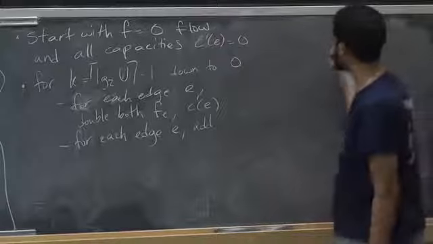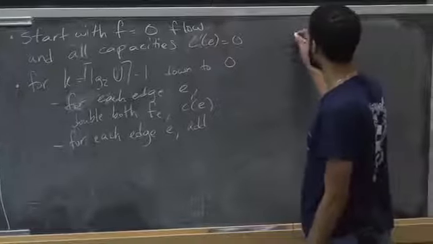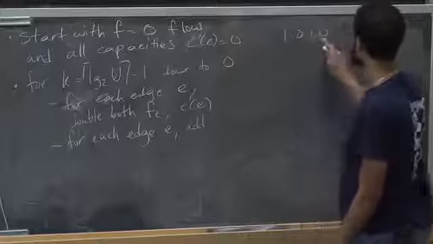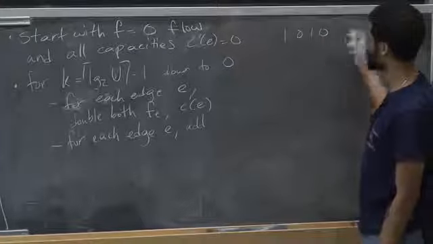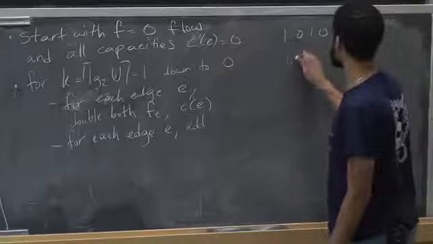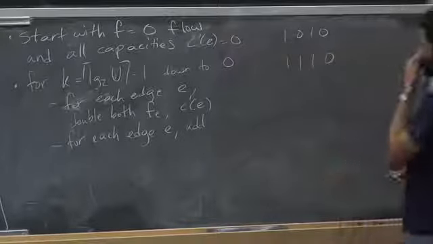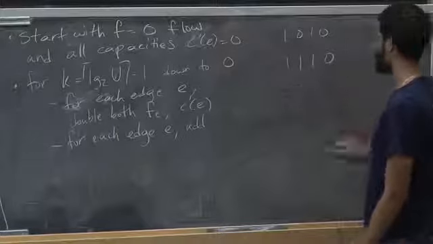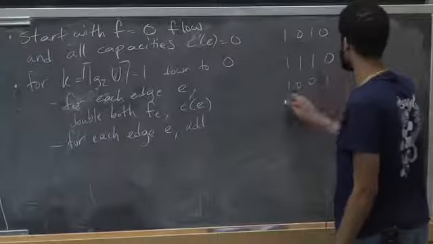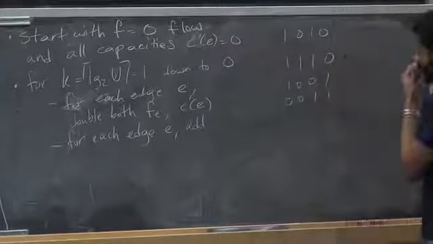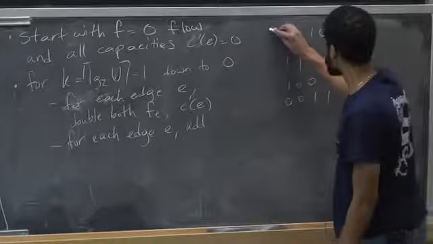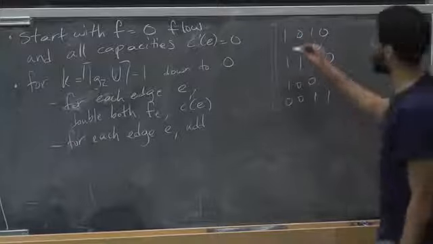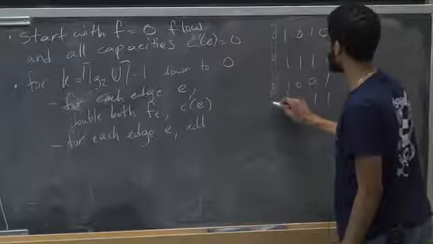So the edges have various capacities. How should I put this? So let's say the edge capacities, one has capacity that's 0, 1. That's 2 plus 4 is 6. This is like capacity 6. Another one has some capacity 2 plus 4 is 6 plus 8 is 14, etc. So initially, let's put leading bits of 0 everywhere.